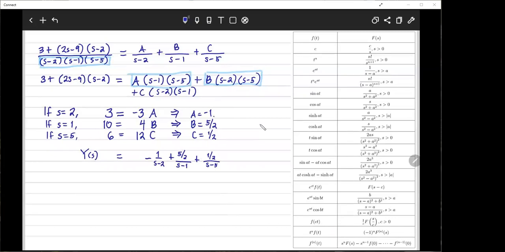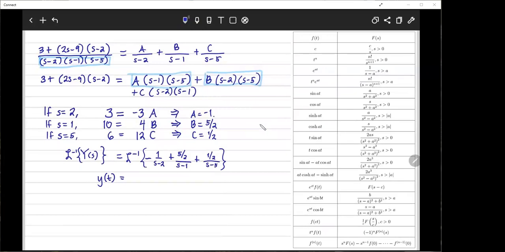And then, kunin natin ang inverse Laplace transform ng both sides. And for Y of s, the inverse Laplace of Y of s is by definition y of t. Ngayon, kailangan nating tingnan yung table natin. If you notice, magkakamukha ng form yung ating partial fraction decomposition.